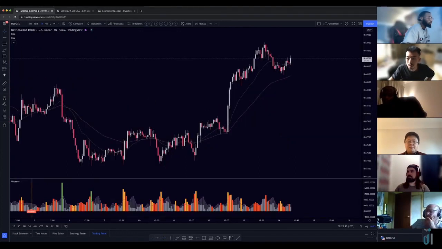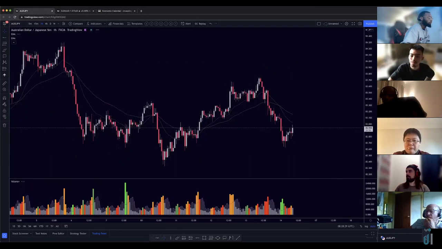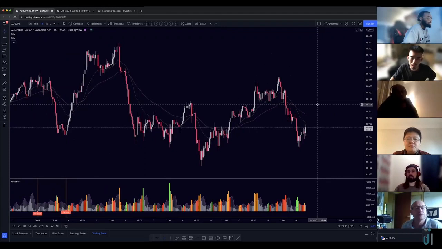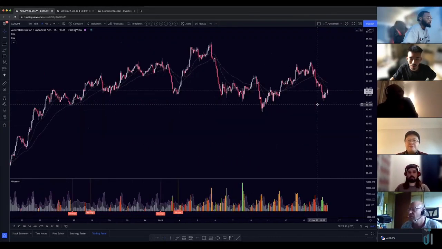New Zealand USD is similar to Aussie USD, right? Okay, just two yen pairs or a few yen pairs that might be interesting. Aussie yen, I know yesterday I was saying the sell, if it refreshes again, might look sketchy, might not look that good because overall we are pretty much ranging.